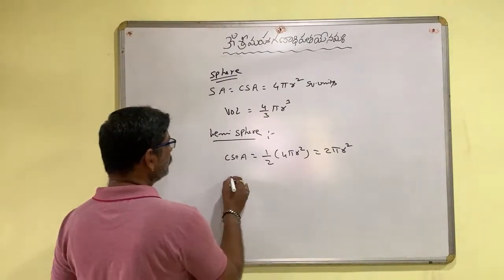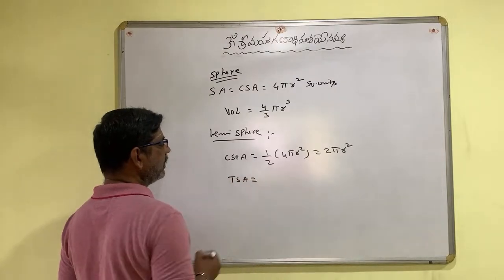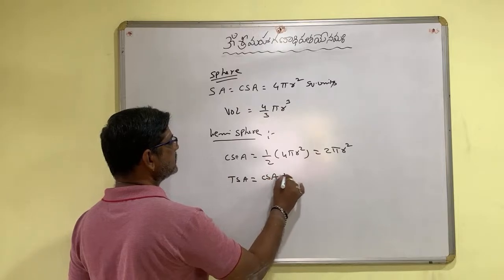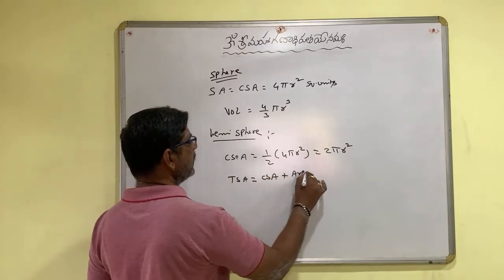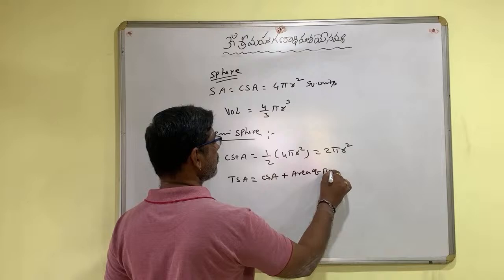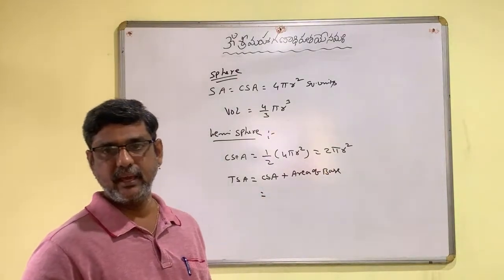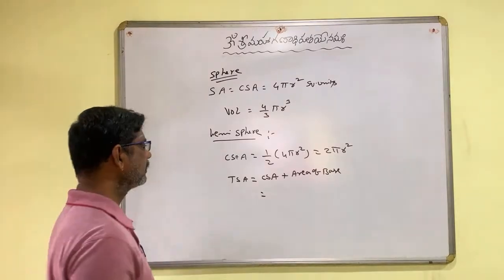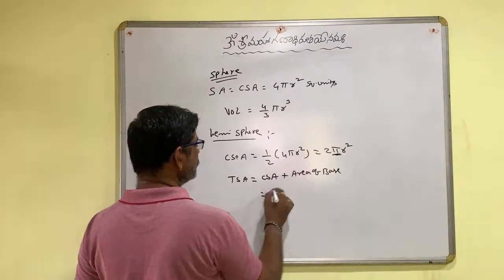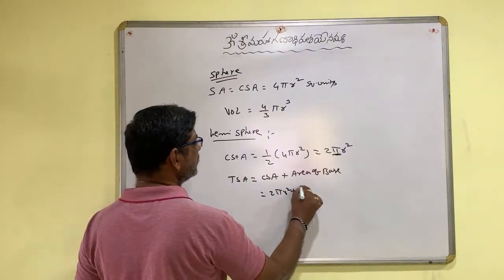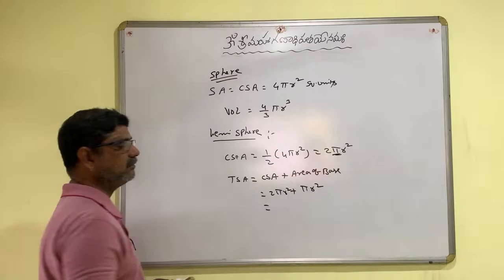Now, total surface area of a hemisphere is nothing but curved surface area plus area of base. Curved surface area is 2 pi r square and area of base is nothing but area of circle.